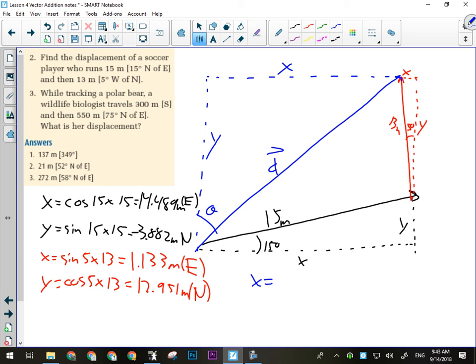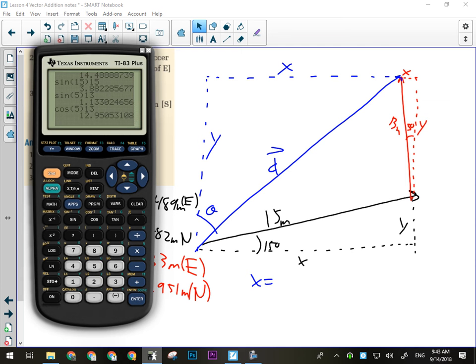All right. So 14.489 is our x component for the first one, and then 1.133 is the x component for the next one. So we just put those together here. So we got 14.489 plus our 1.133, 2, 656.